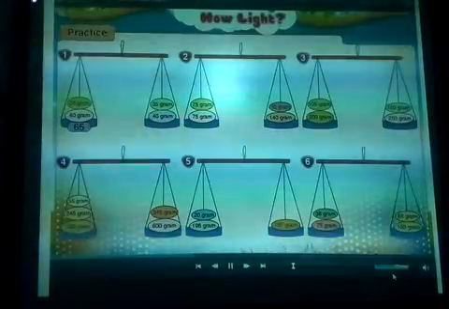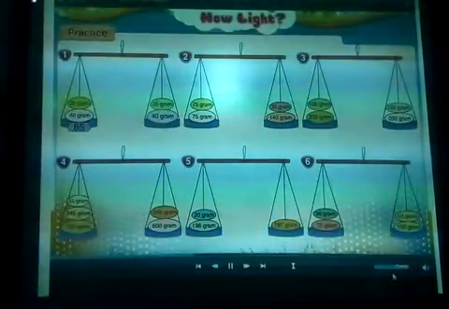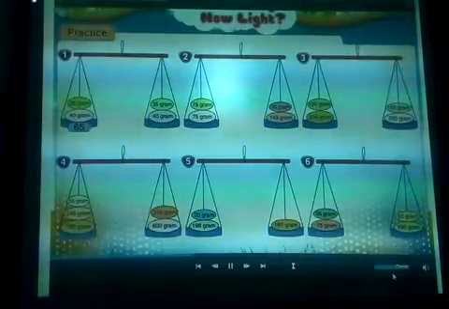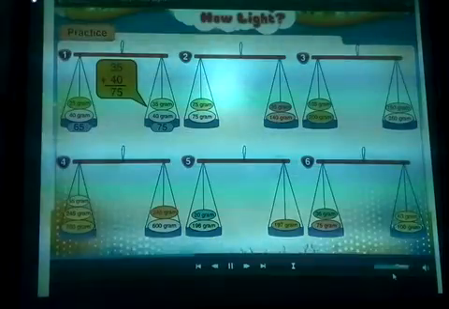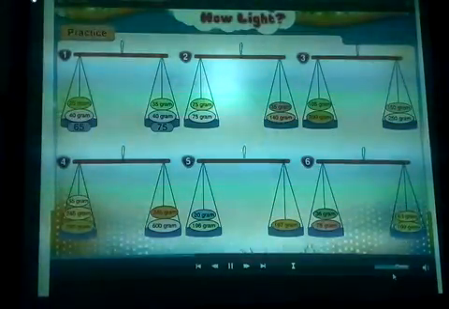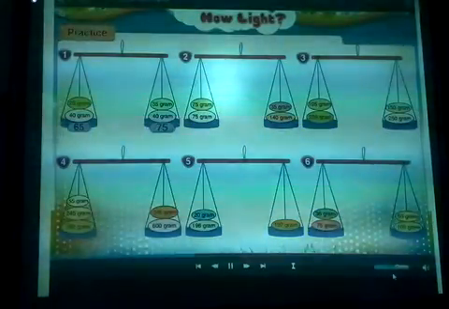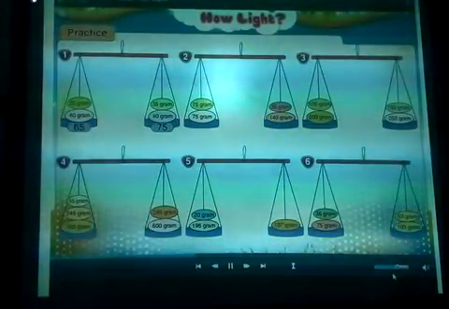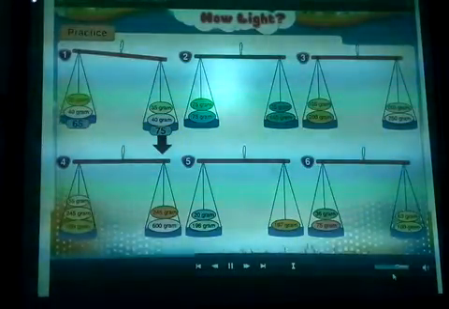In the second pan, the weights are 35 gram and 40 gram. The total weight is 75 gram. Between these two pans, the pan with 75 gram is heavier, so it will go down. 2.